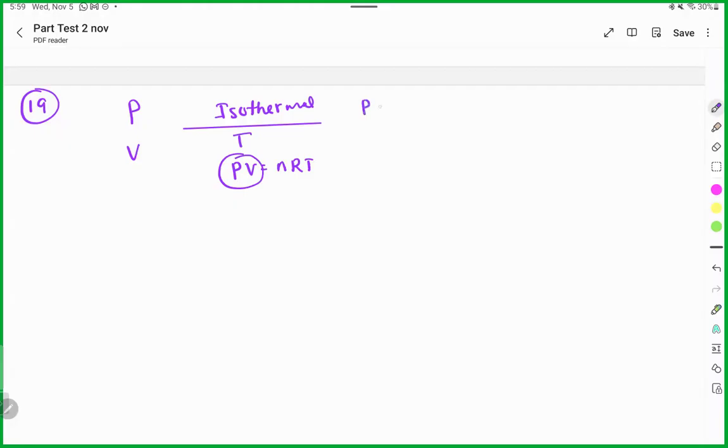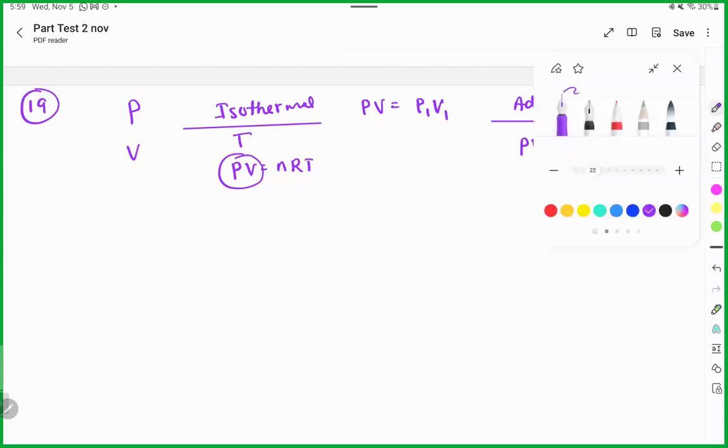So you will say PV will be equal to P1 V1. Then this will undergo adiabatic change. In adiabatic change, what happened? PV gamma is equal to constant. That's why P1 V1 gamma will be equal to P2 V2 gamma.